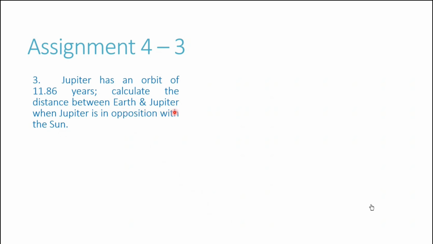Let's try to understand this question using a diagram. Let's make the Earth in our diagram here. We show the orbit of the Earth also. We have the Sun also in our diagram now. And we now know that Jupiter is in opposition with the Sun, meaning Jupiter is in the opposite direction to the direction of the Sun.